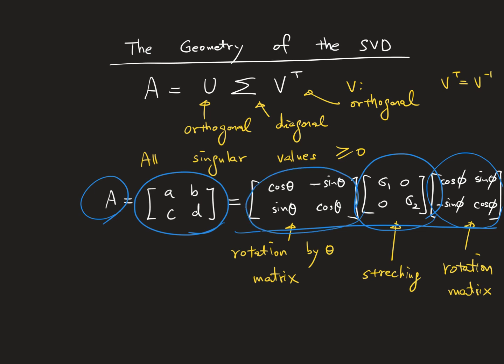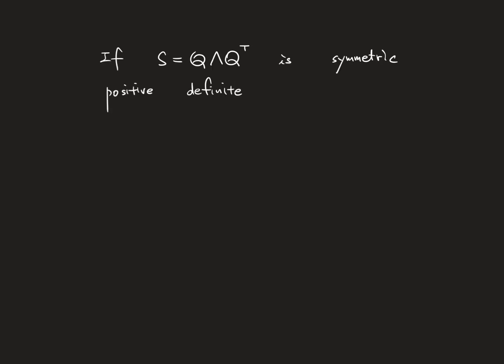So we can understand what is going on by multiplying by matrix A.